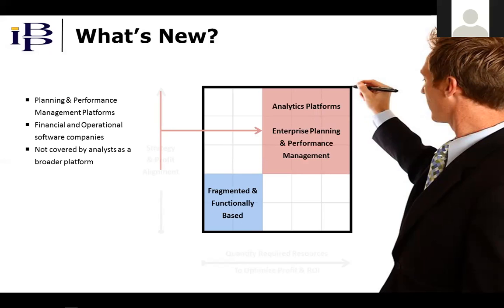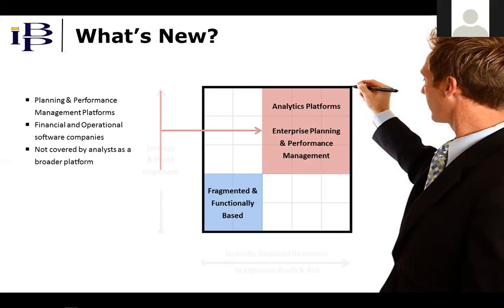So what's really new here, and there really is no universal term to describe this, is that some are calling it planning and performance management platforms. These platforms are being supported by both financial and operational software companies.